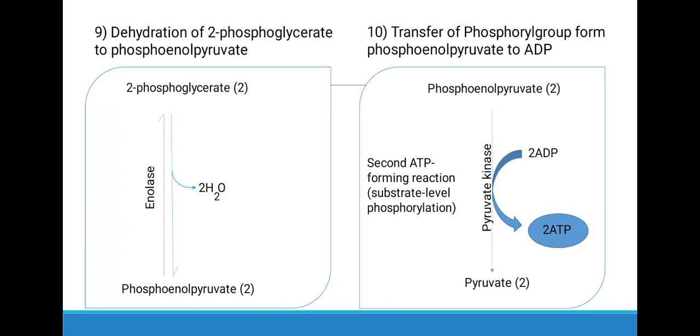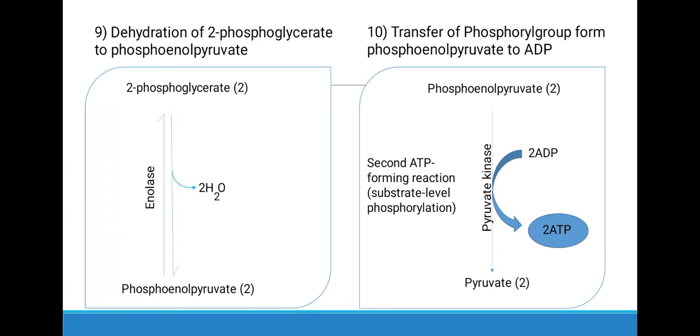The last step of glycolysis is the transfer of the phosphoryl group from phosphoenolpyruvate to ADP. In this step, phosphoenolpyruvate is converted into pyruvate with the help of the enzyme pyruvate kinase.